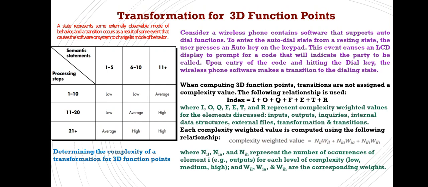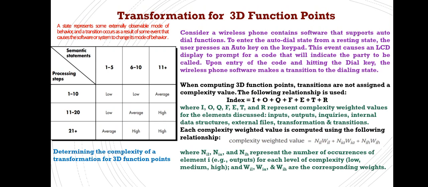Those are represented as I, O, Q, F, E, T and R, indicating inputs, outputs, inquiries, internal data structures, external files, transformations and transitions respectively. So the summation of all these weighted values for the elements gives the index value.